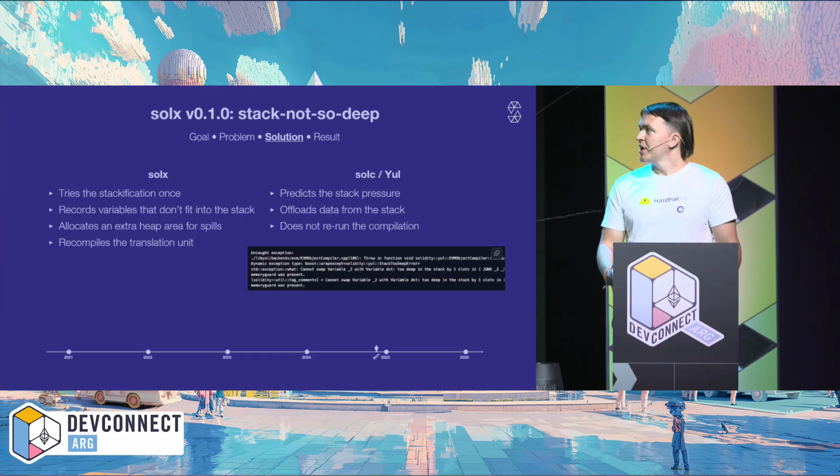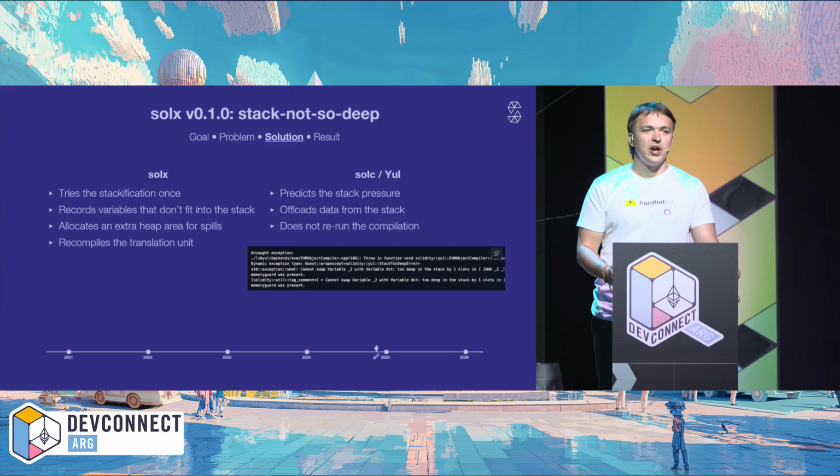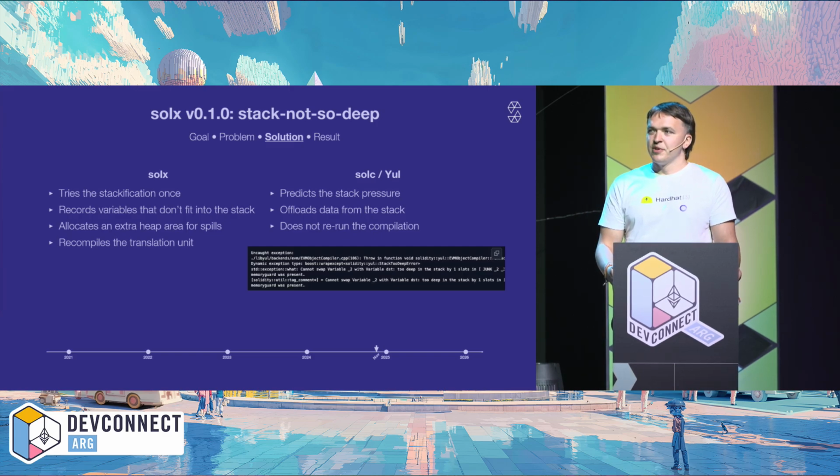So here is what we tried. On the left, we are basically running the stackification algorithm once and recording how many variables did not fit into the stack, and then we rerun the compilation with all these variables moved to the heap. And since our solution works on the backend level, it solves stack too deep for all code gens and all pipelines and all Solidity versions with 100% accuracy.